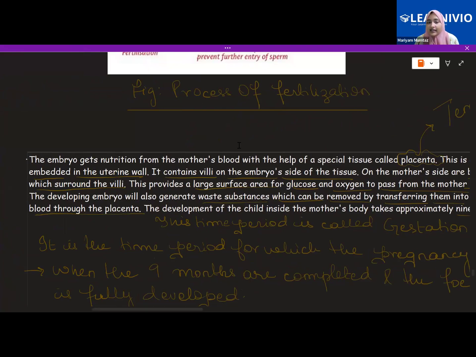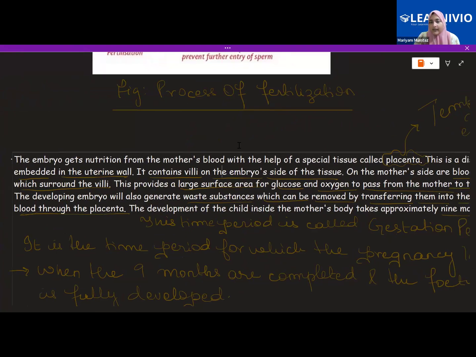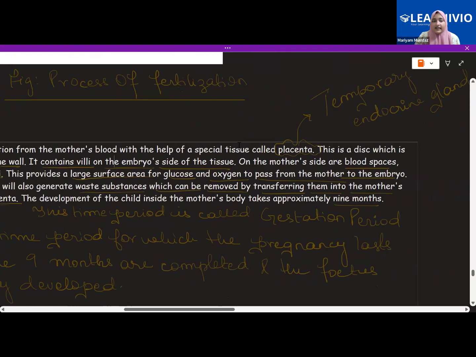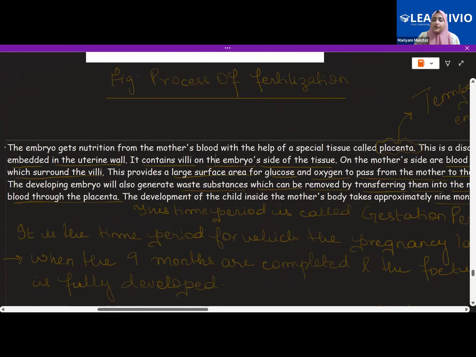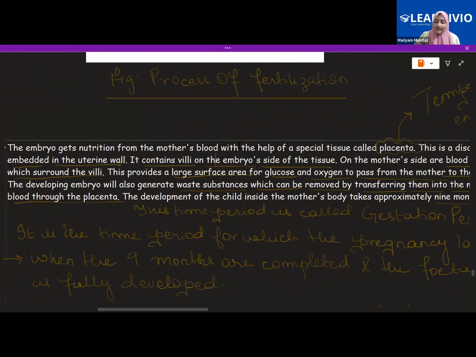It contains villi, finger-like projections on the embryo side of the tissue. On the mother's side, there are blood spaces present. So whatever nutrients and oxygen have to be sent from the mother to the fetus, it takes place via the placenta.